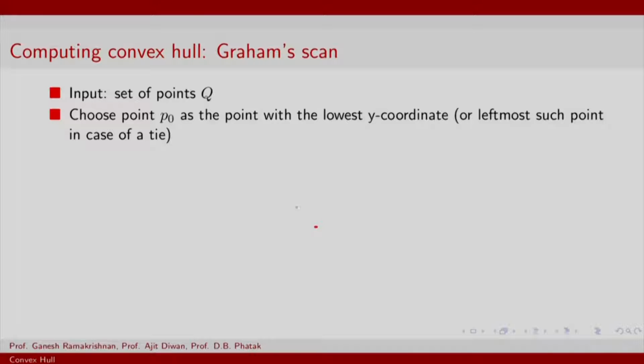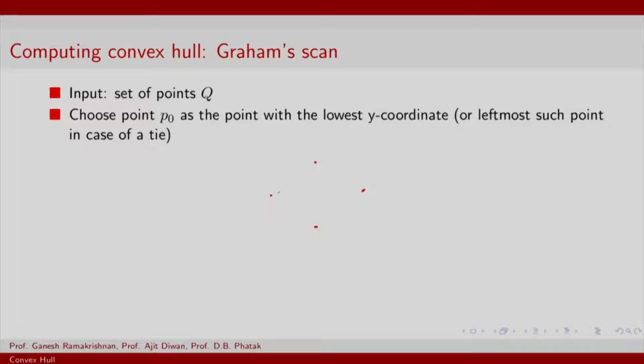So as already motivated on the previous slide, you might want to first include the points that are either extreme left or on the extreme right or on the extreme top or on the extreme bottom. What one version of Graham-Scan does is start with the bottommost point.